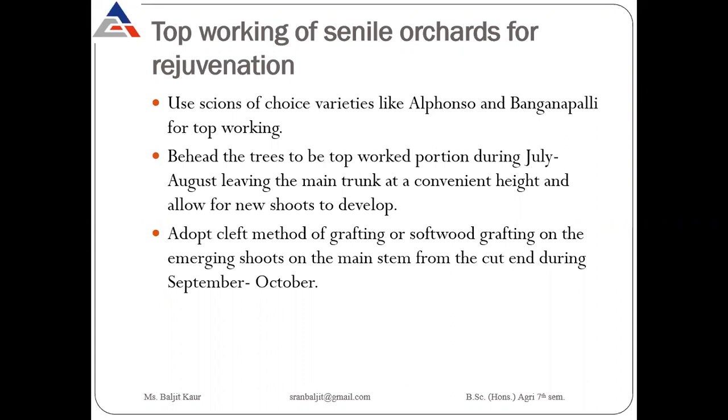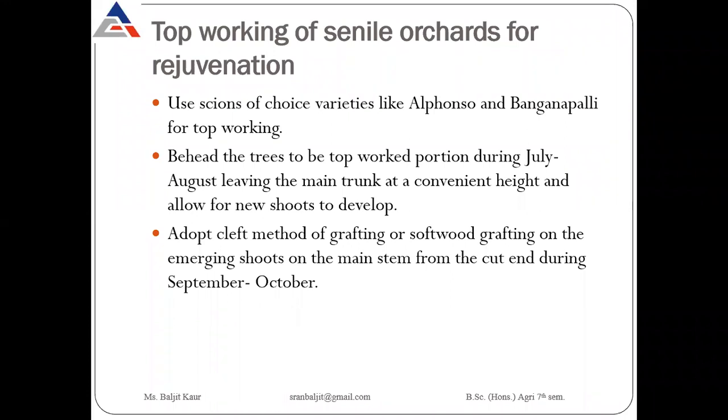For top working, we have to use scions of selected varieties such as Alphonso or Banganpalli, right? Top working means we have to dehead all the trees to be top worked during the July-August months, and leave only the main trunk at a convenient height and allow new shoots to develop.